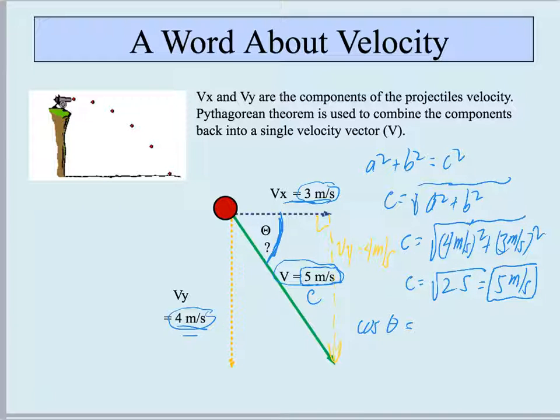So cosine of the angle equals the adjacent side over the hypotenuse. So if I take the inverse cosine of both sides, the adjacent side is going to be here. This is my adjacent side, so it's going to be 3. And the opposite side is going to be the 4 meters per second, so 4 right there. Oh, sorry, the hypotenuse, check that.